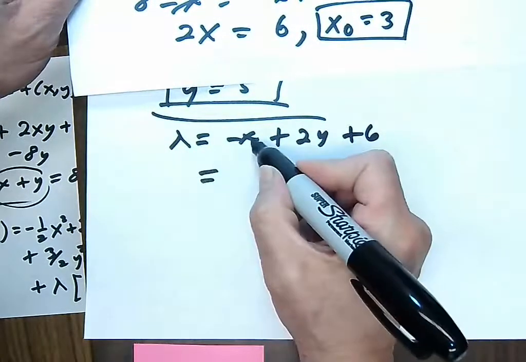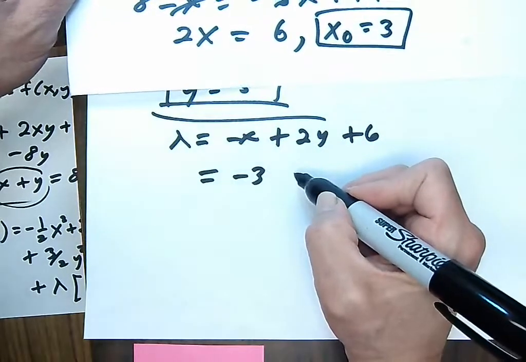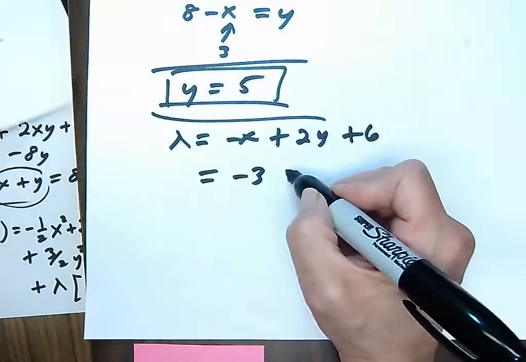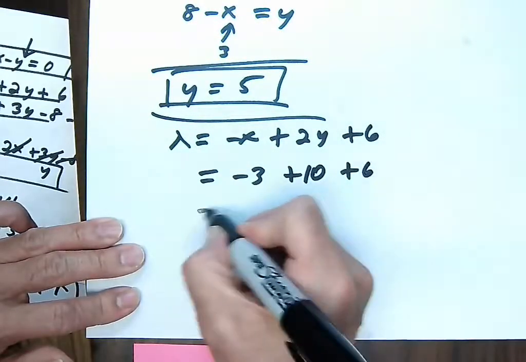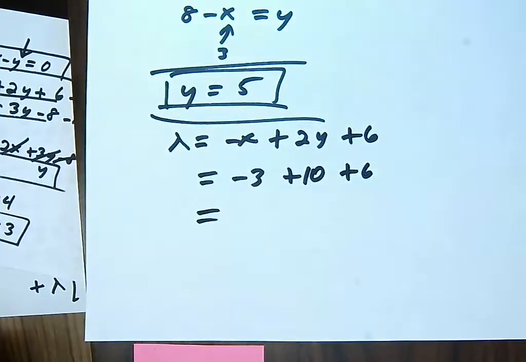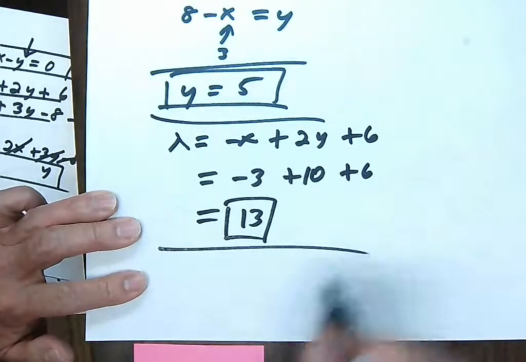And so lambda is equal to minus x, or minus 3, plus 2y, y was equal to 5, so that's plus 10, plus 6. So in this case, lambda is equal to 16 minus 3, or 13.